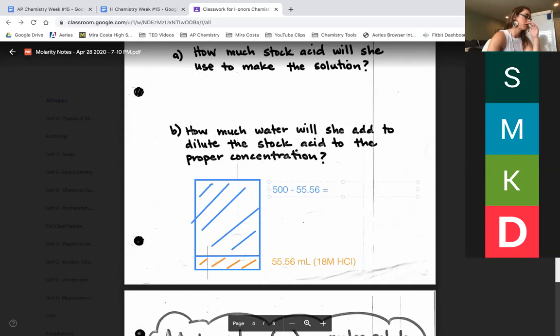Then if I just subtract the two, I end up with 444.44, not a nice number, milliliters of water. So essentially I take this much acid and this much water, and now I've diluted it to the perfect concentration for you all to use in the lab. Okay, so essentially you just fill it up to 500 here. Okay, all right, and that's pretty much it.